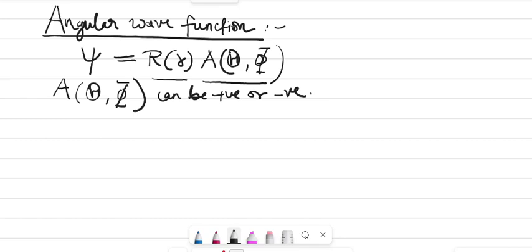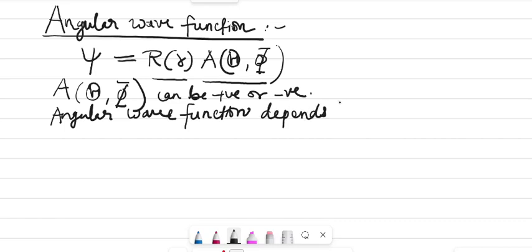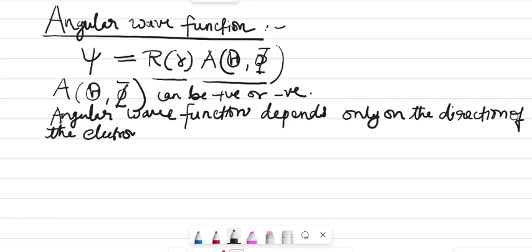The angular wave function depends only on the direction of the electron with reference to the nucleus.